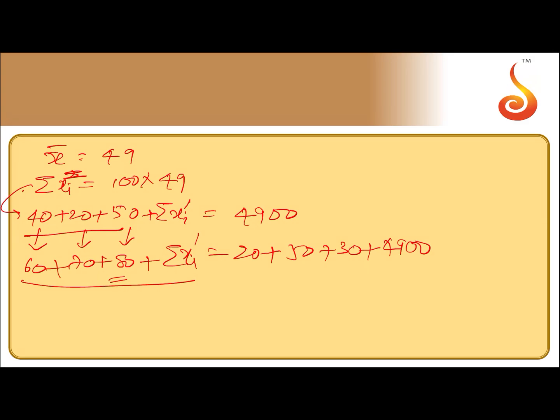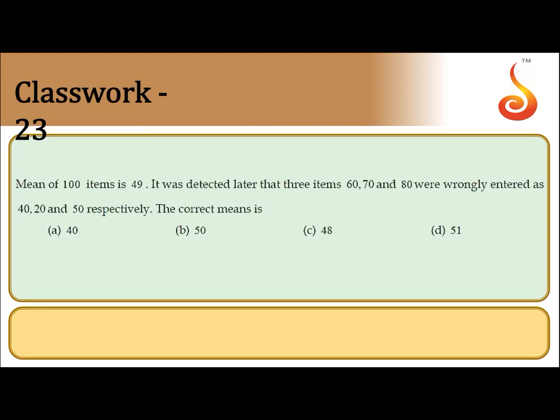So that this overall thing will give us the sigma xi, that is equals to how much value you will be getting. So I think 30 plus 20, 50, 100, when you add up, you will be getting 5000. Dividing by 100, and that gives you x bar. The actual mean is given by, I hope you will be getting 50. The answer is equals to 50.